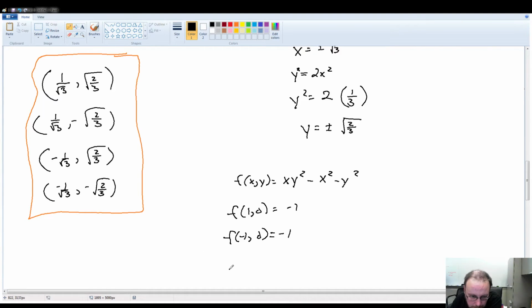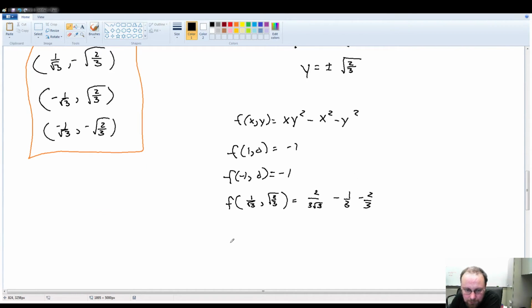And then the other points. Notice that the magnitudes of x and y for the 4 remaining critical points are the same.